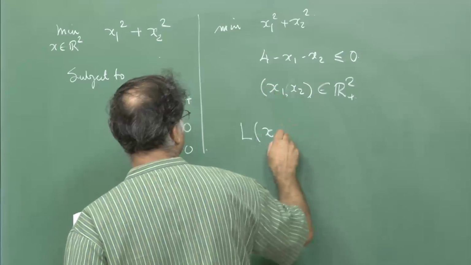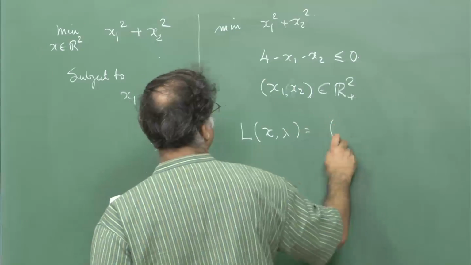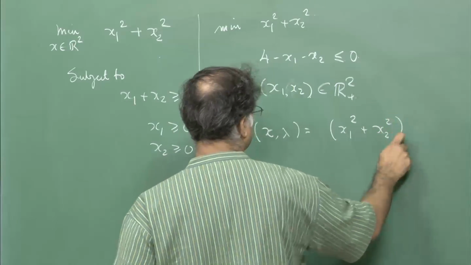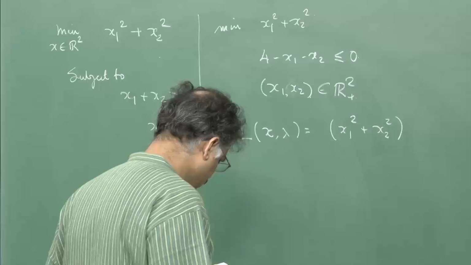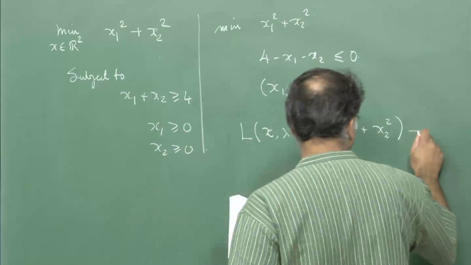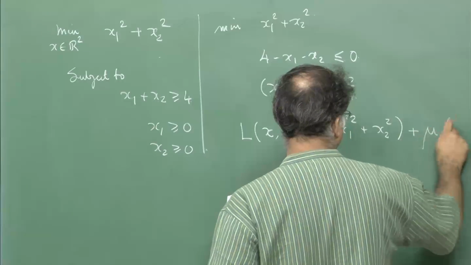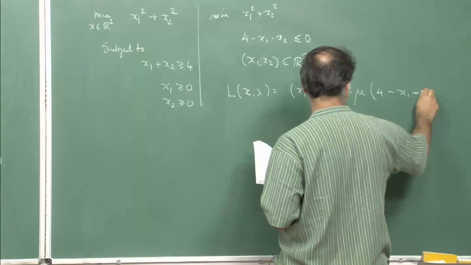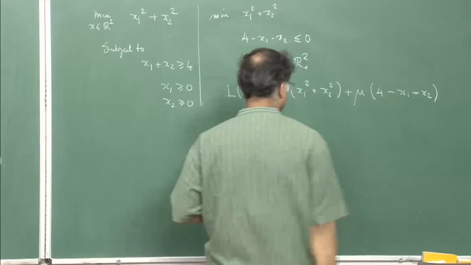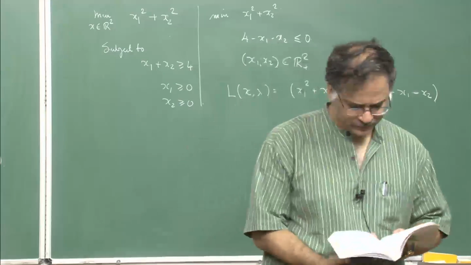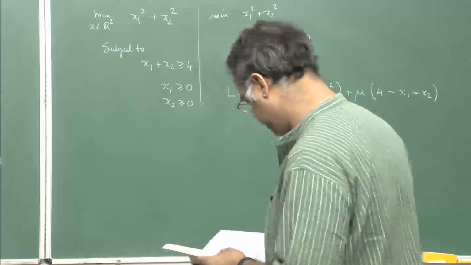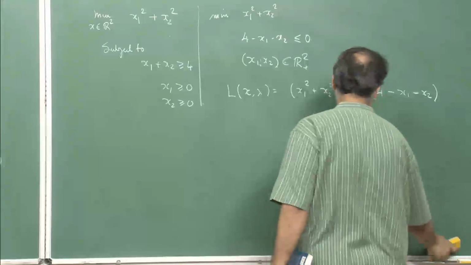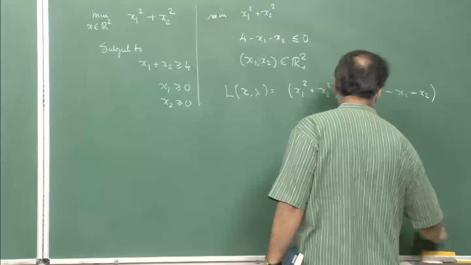So, here I have one constraint, so L(x, lambda) would be, and theta lambda, sorry, not mu, that is a mistake, should be lambda.